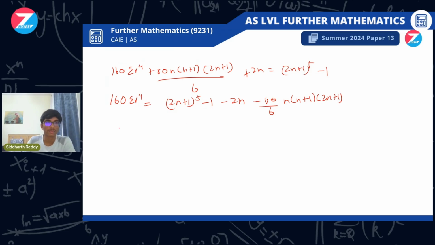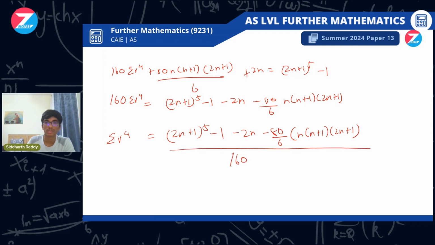And when we divide this by 160, we have (2n+1)^5 minus 1 minus 2n minus 80/6 into n into n plus 1 into 2n plus 1, divided by 160.